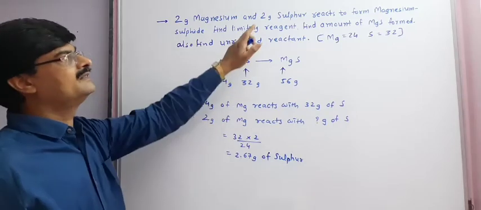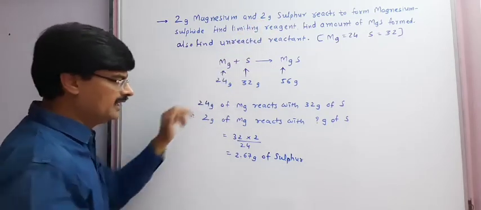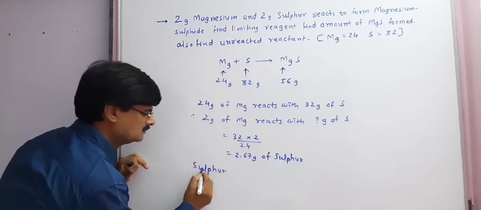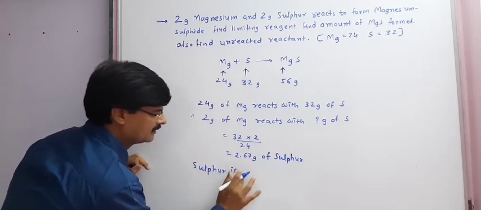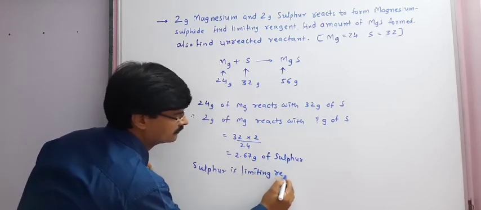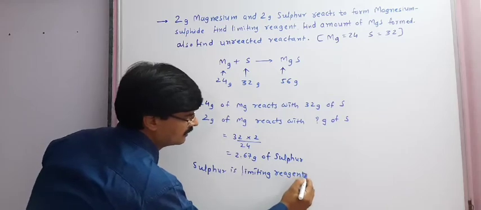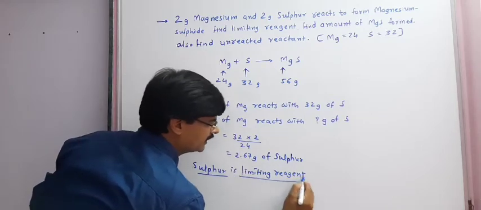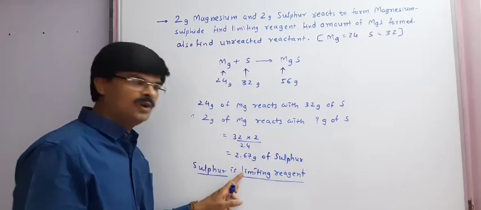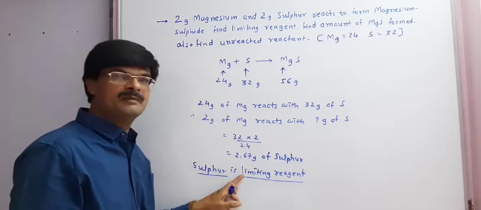But as sulfur is given only 2 gram, so we can say sulfur is limiting reagent. Sulfur is limiting reagent.